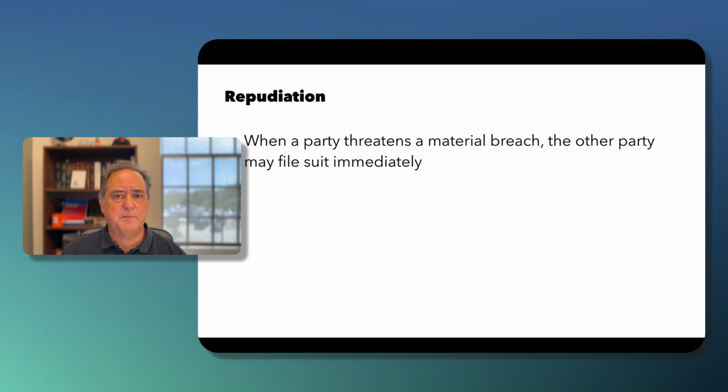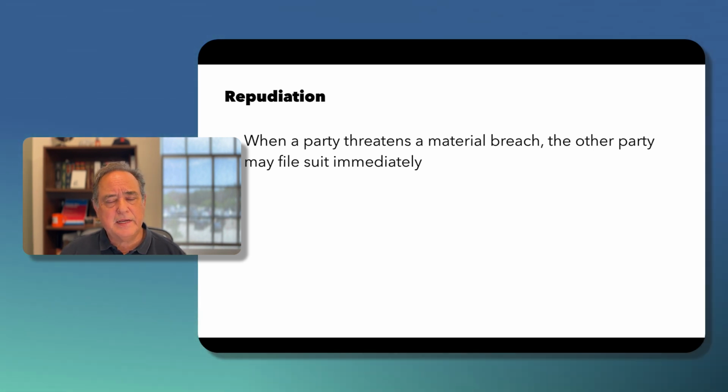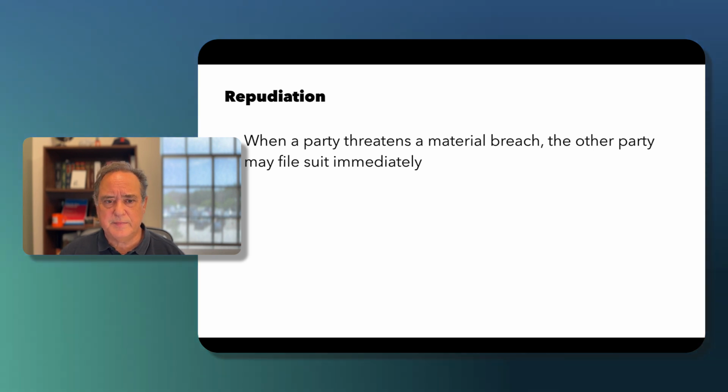So if I am contracted to supply a company with certain goods, and I learn on the news that that company has declared bankruptcy, I am entitled to breach my agreement, meaning suspend any further performance on my part, and immediately sue for damages.